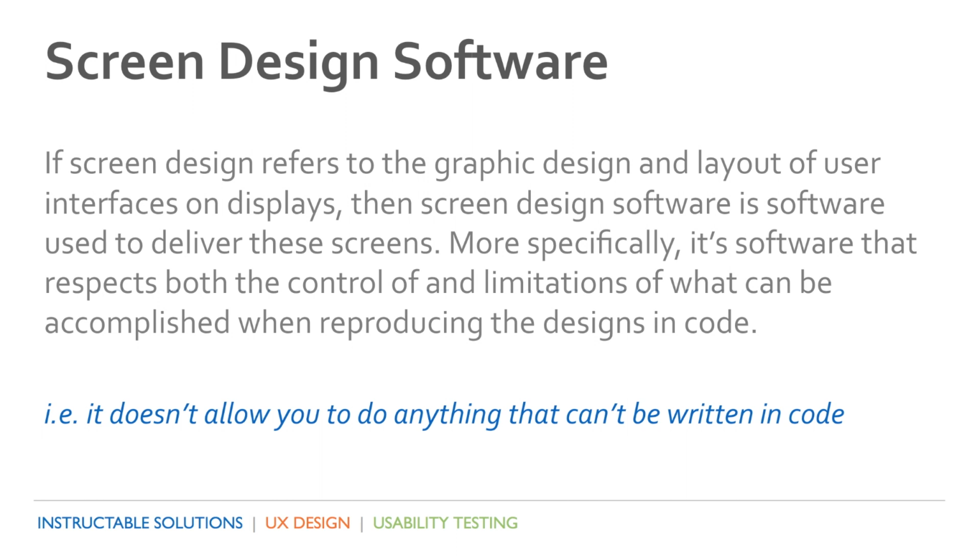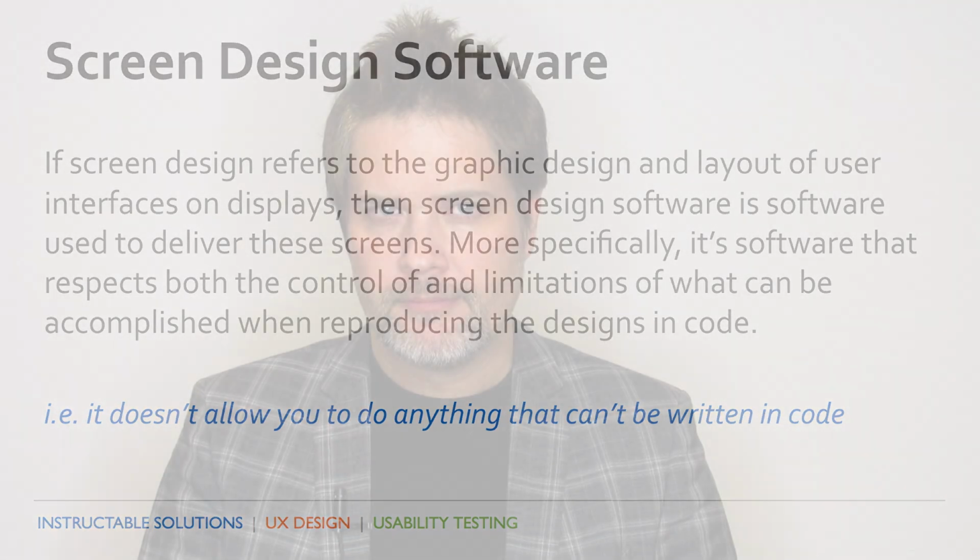If screen design refers to the graphic design and layout of user interfaces on displays, then screen design software is software used to deliver these screens. But more specifically, it's software that respects both the control of and limitations of what can be accomplished when reproducing the designs in code.